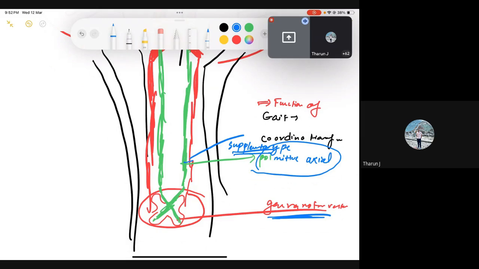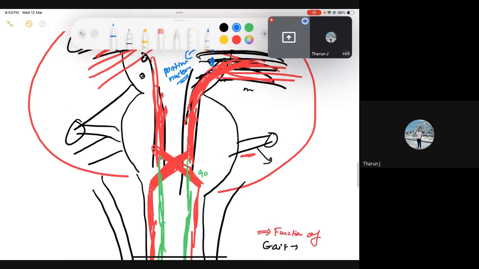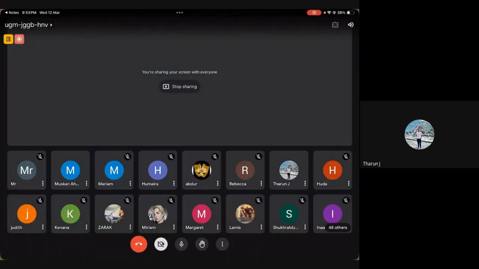If you just know the supplementary motor cortex fibers decussate at the level of the spinal cord, important for primitive axial movement, and you have fibers which decussate at the lower level of medulla, 90% innervate the lower motor neuron on the anterior horn, and in turn generate a motor response. Is that clear? Can anyone give me a summary of these descending tracts?